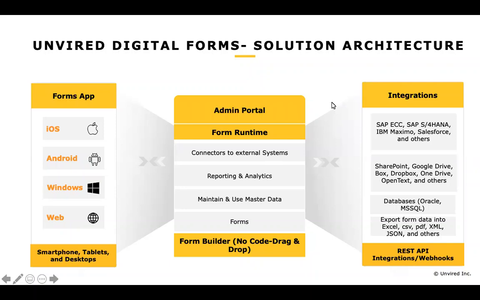So like I mentioned, the admin portal is the meat of the solution, permits you to basically design the forms and deploy them for the different users. It's basically what you can call a no-code or a low-code system that allows you to design forms quickly.